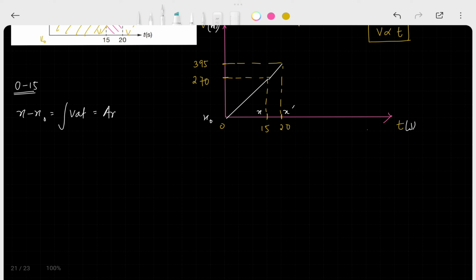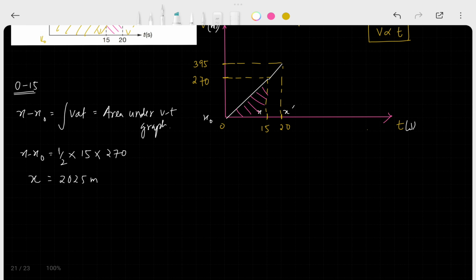So what is x minus x naught? We need to find the area of this triangle: half into base, which is 15, into height, which is 270. Position x naught is 0, so x is equal to 2025 meter.